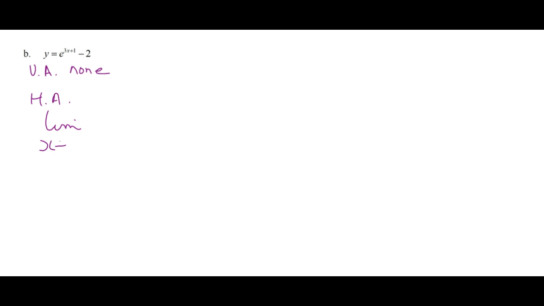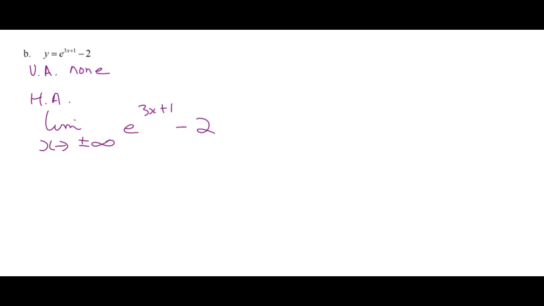Okay, let's start out the same. The limit as x approaches plus or minus infinity of e to the 3x plus 1, minus 2. So we might say, well, different things are going to be happening depending on whether we're going to positive infinity, right? Because you go e to positive infinity, that's just going to be really large, okay?